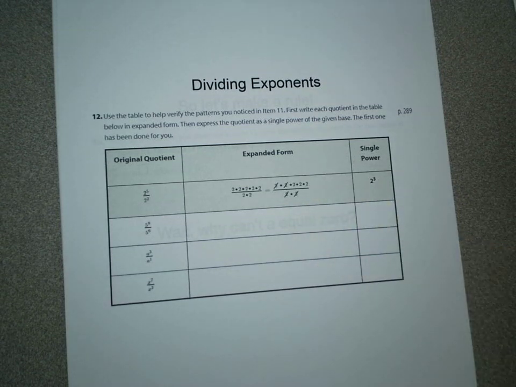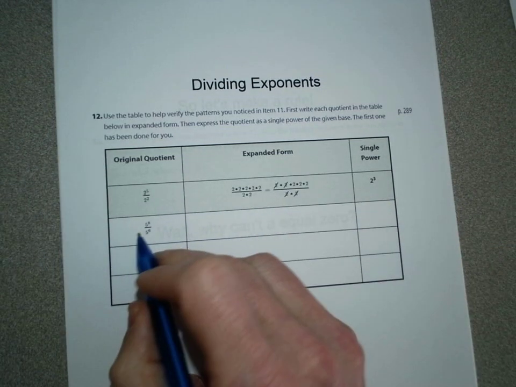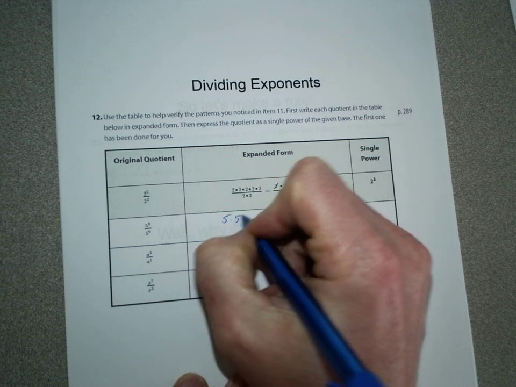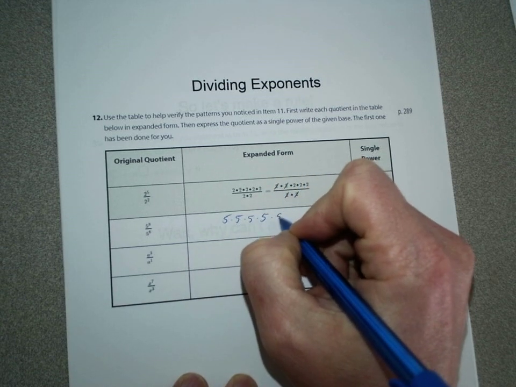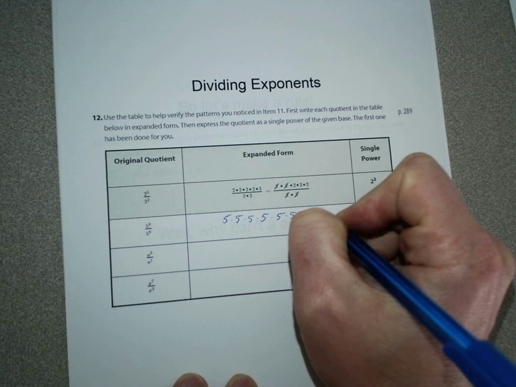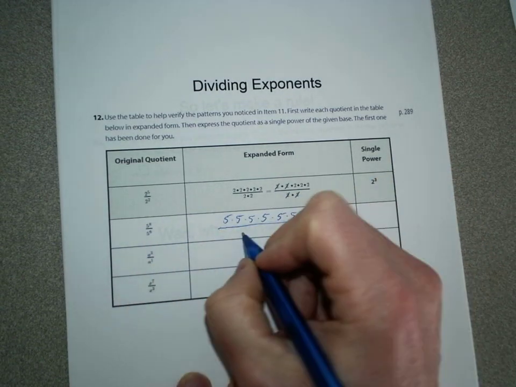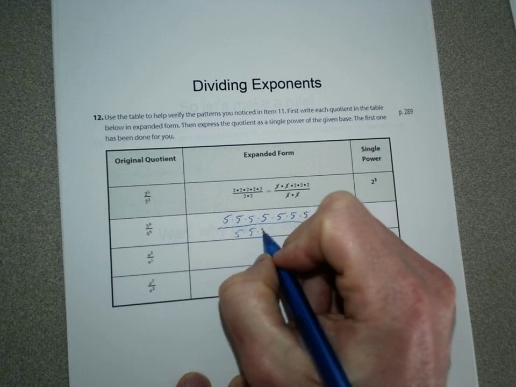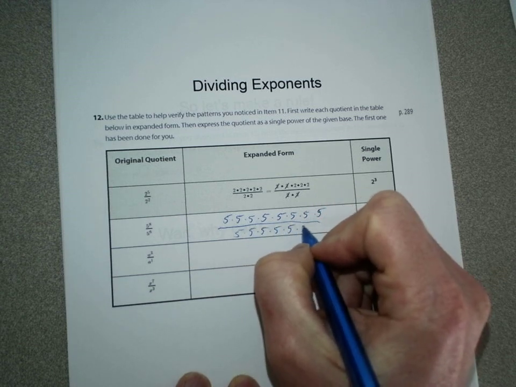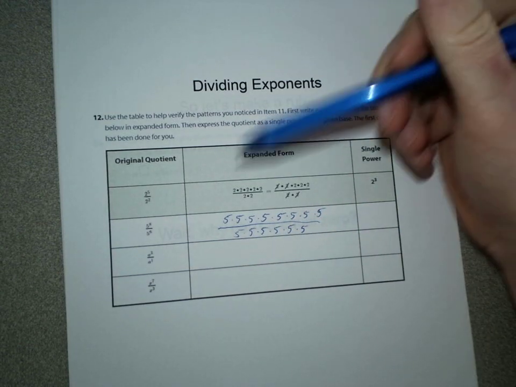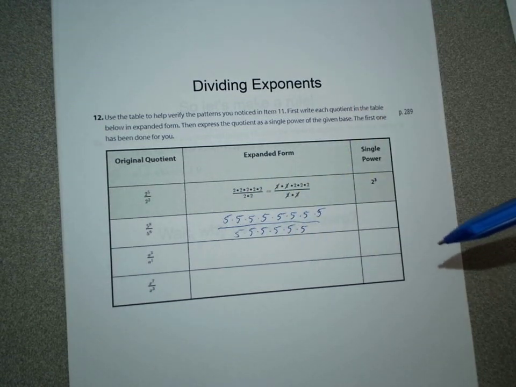So we can keep doing this. We have 5 to the 8th power, so we're going to write that 8 times: 1, 2, 3, 4, 5, 6, 7, 8. All divided by 5 to the 6th power, so we're going to rewrite that 6 times: 1, 2, 3, 4, 5, 6. And again, if you have a number on top and bottom, they eliminate each other. They kill each other.